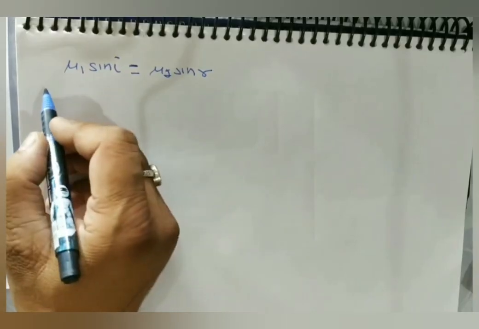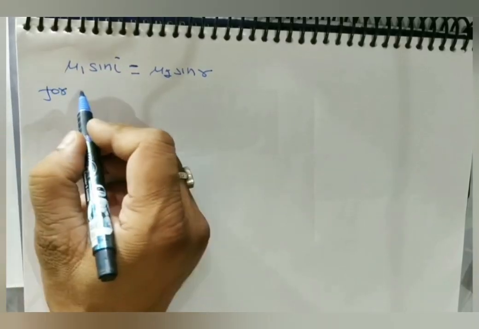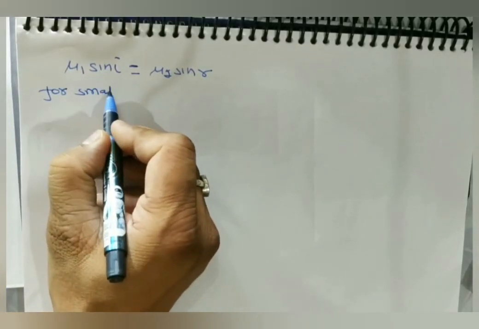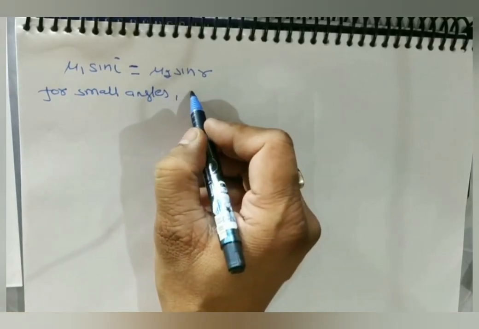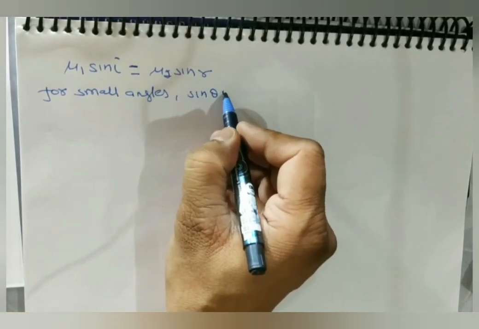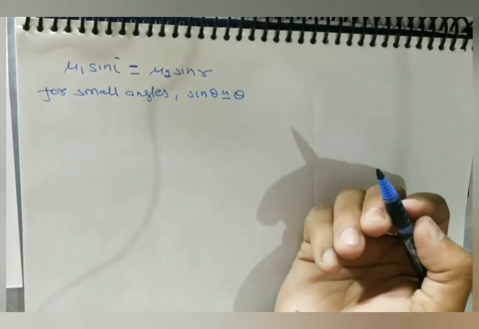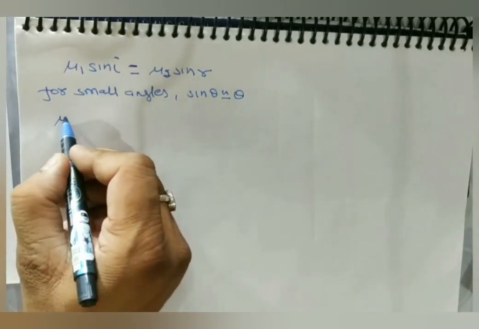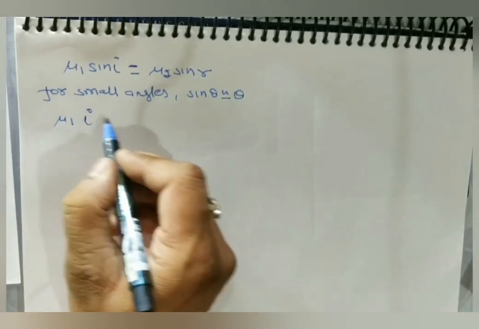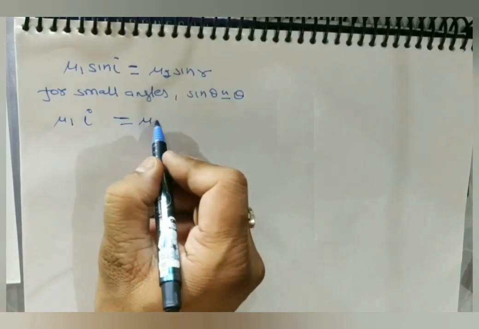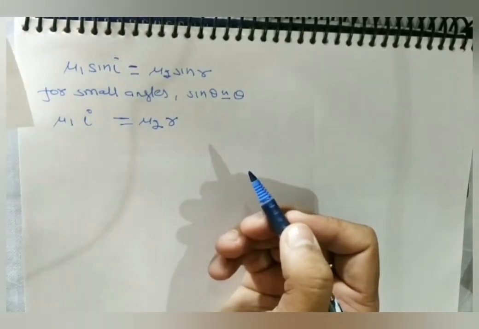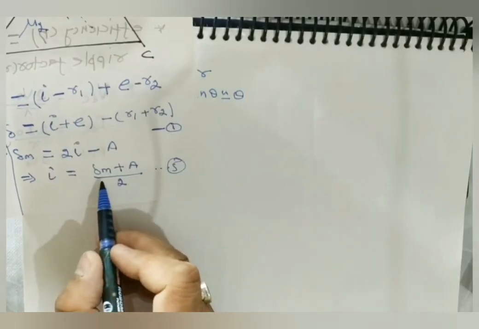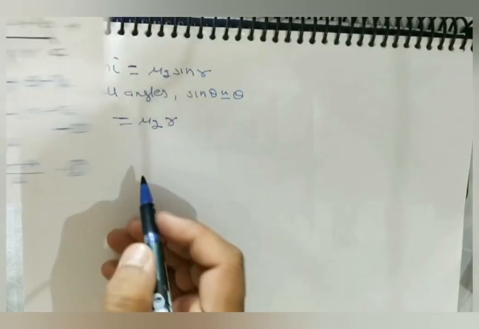But for small angles, we know that sine theta can be written as theta. So it will be mu1 I equal to mu2 R. See here, I is delta M plus A by 2.